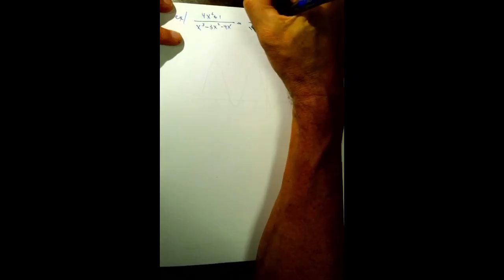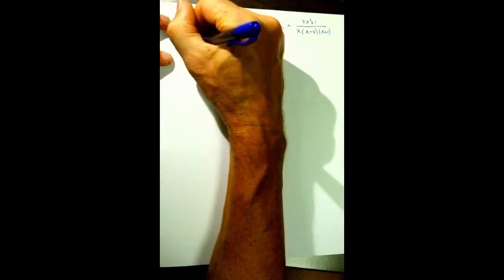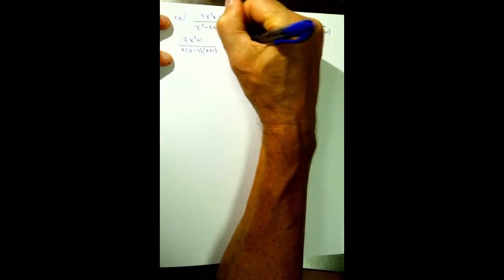So that's going to give me x times x squared minus 3x minus 4. Then x squared minus 3x minus 4, that's going to be what? x minus 4 times x plus 1. So my 4x squared plus 1 over x times x minus 4 times x plus 1.